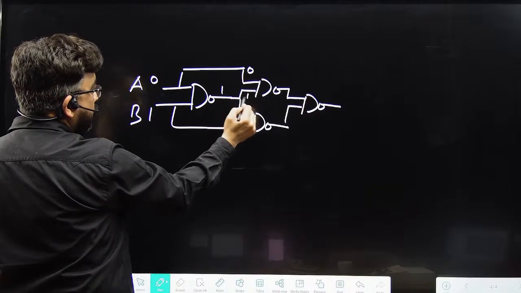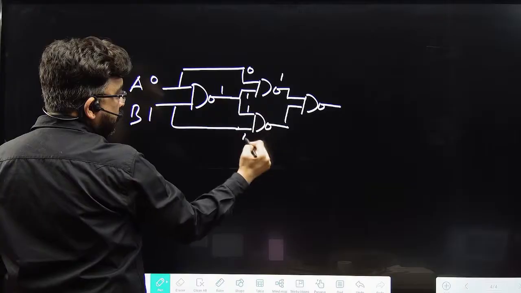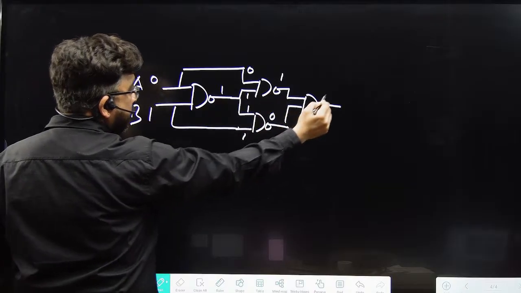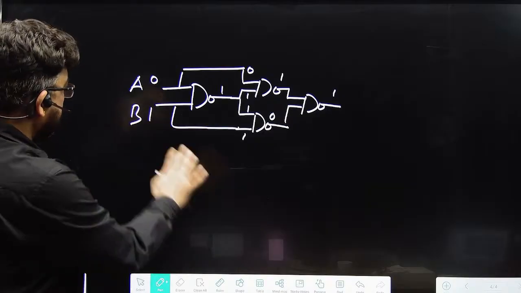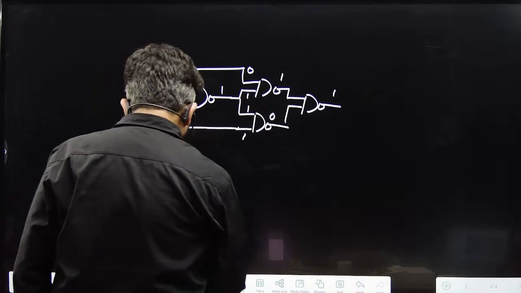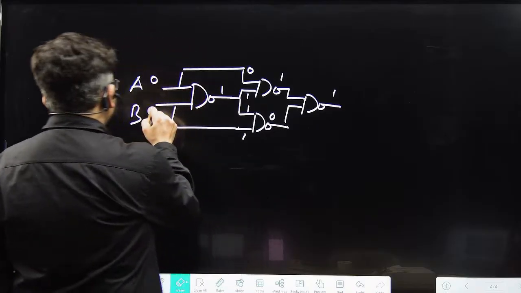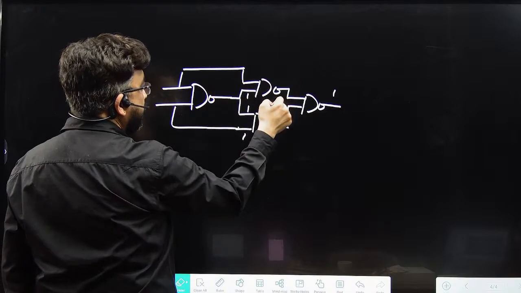This 0 is here, 1. This 1 is here, 1. So 0, 1, 1, 1, 0, 0, 1, 0, 1. So in this way, you have realized the truth table. Now in case of, suppose that you now have one input as X.